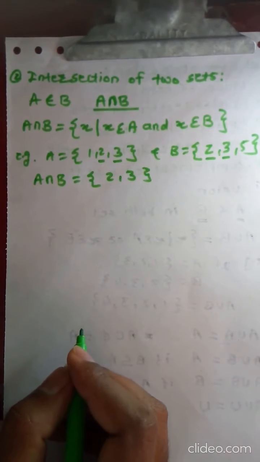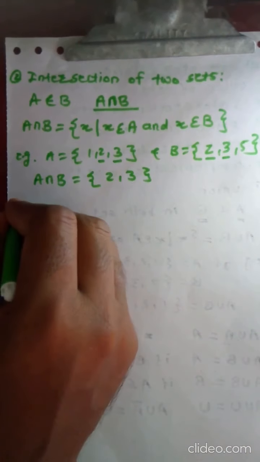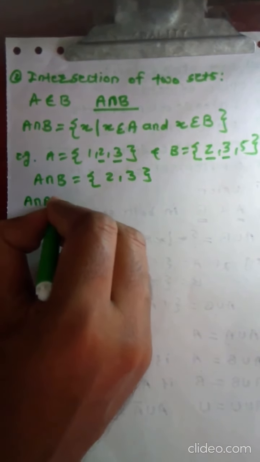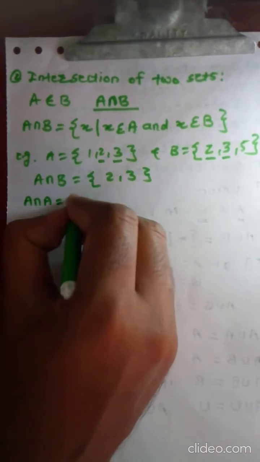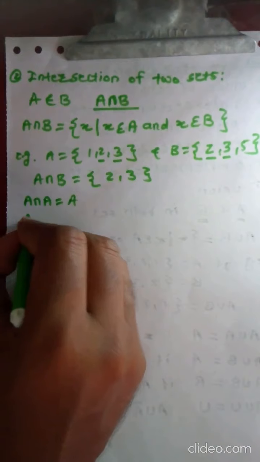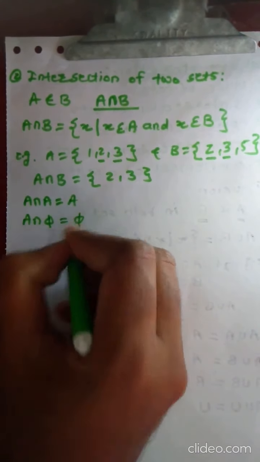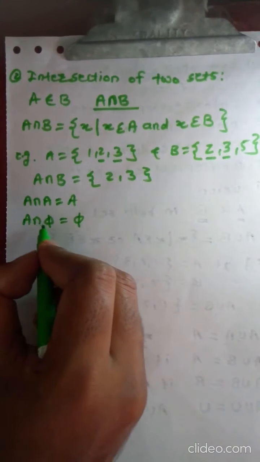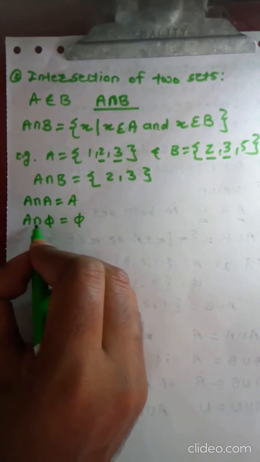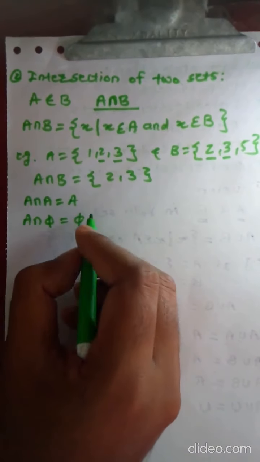Now again there are some properties which are related to intersection, that is A intersection A is equal to A. Second one, A intersection phi is equal to phi, right? Because the common element in set A and set phi, that is empty set, is empty, right?